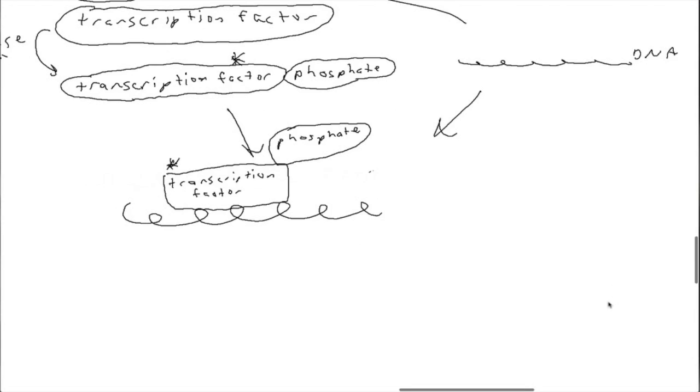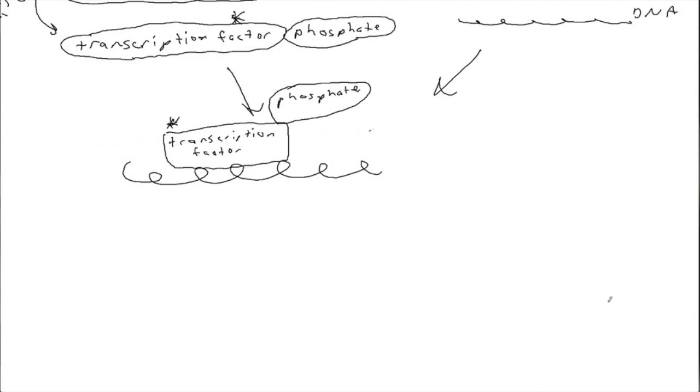What happens when the transcription factor binds to that portion of the DNA? Well, then this portion of DNA is now transcribed. Why is a transcription factor called a transcription factor?